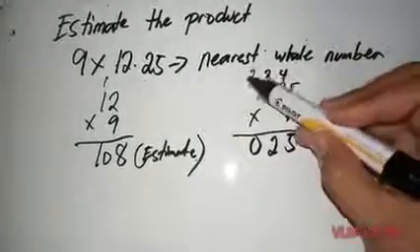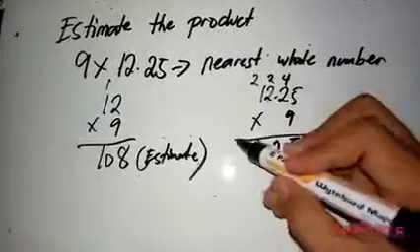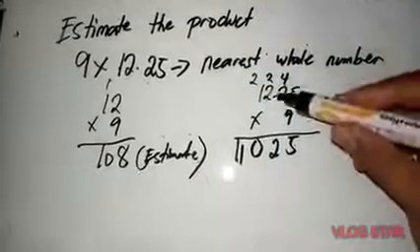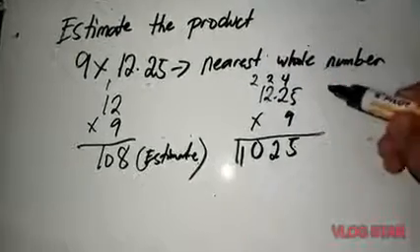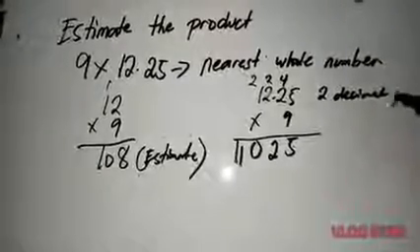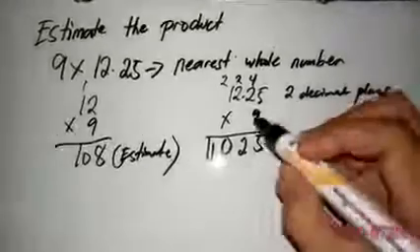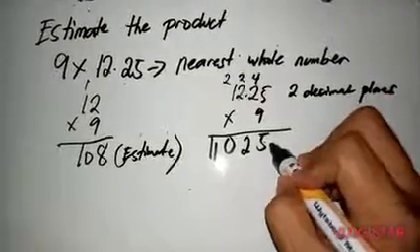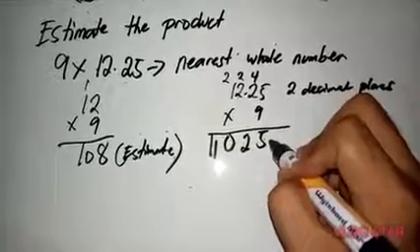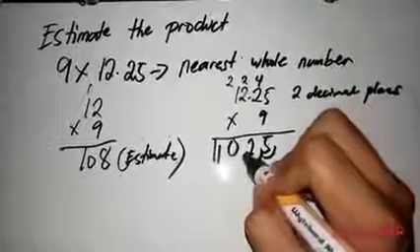Then carry 2. 9 times 1 is 9 plus 2 is 11. So count the decimal places. So 1, 2, 2 decimal places. Therefore, just move the decimal point twice to the left.